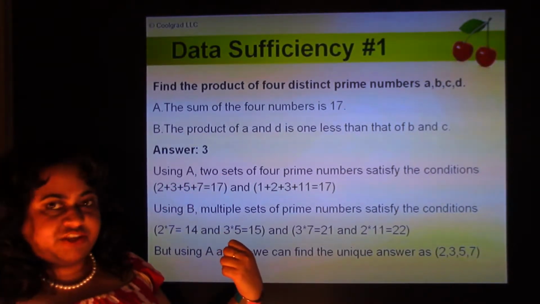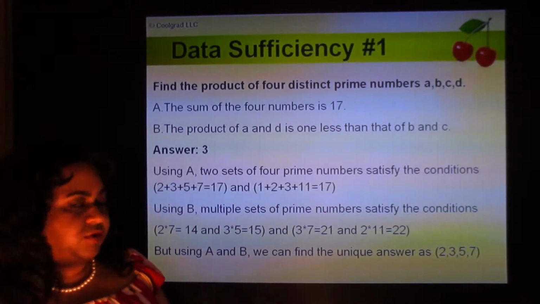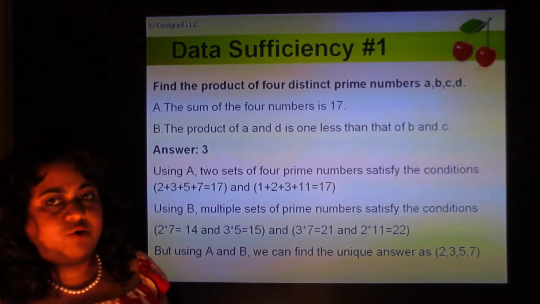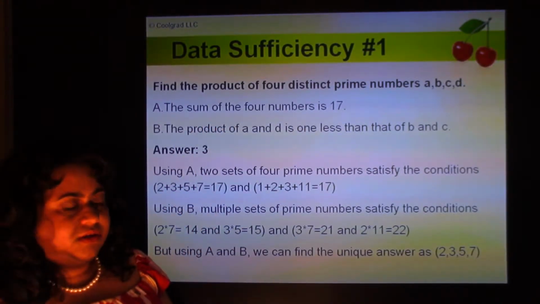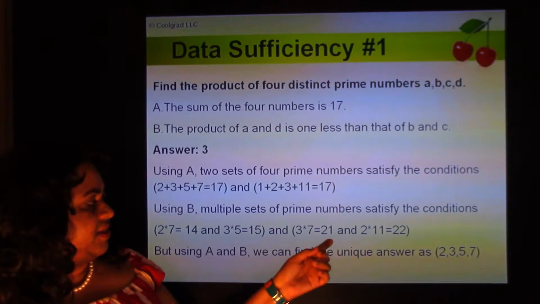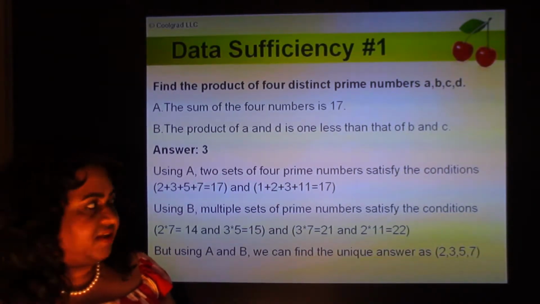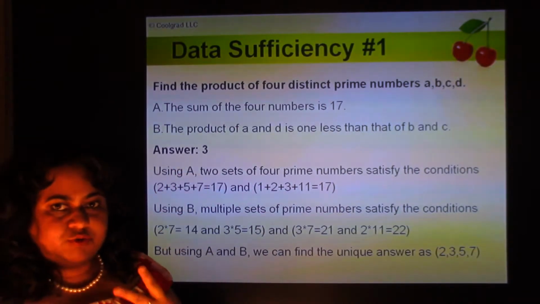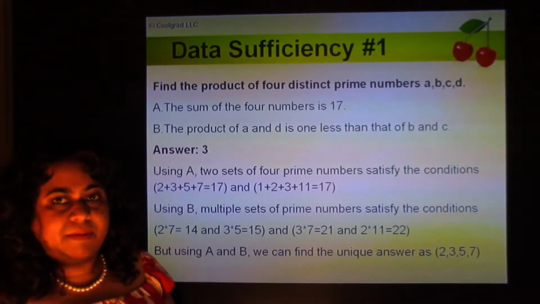Using the intersection of these 2, we see that 2, 3, 5 and 7 is one possible solution. It's in fact the only solution to all the conditions given here. So using A and B together, we find the unique answer as 2, 3, 5 and 7. Those are the 4 prime numbers. So the option would be 3. We use both the statements together. That's how you solve this problem.